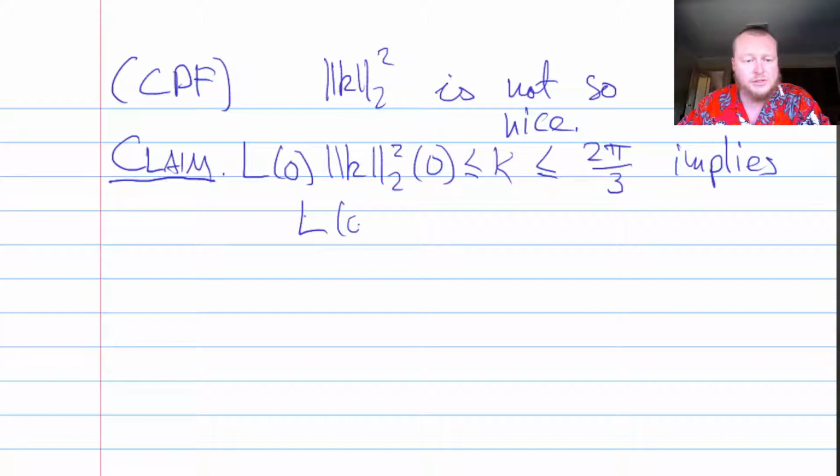Then it remains smaller than that value, whatever that might have been, for all t smaller than or equal to k. Okay, so let's just say for all t.